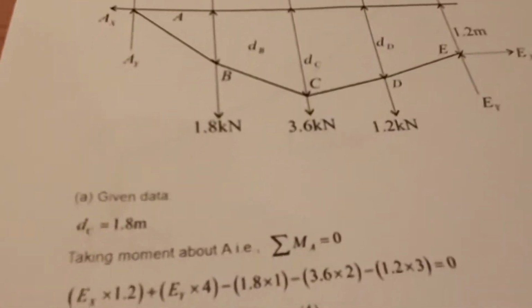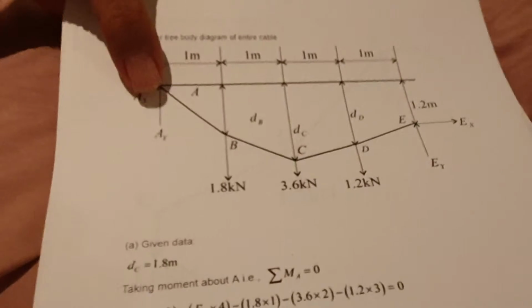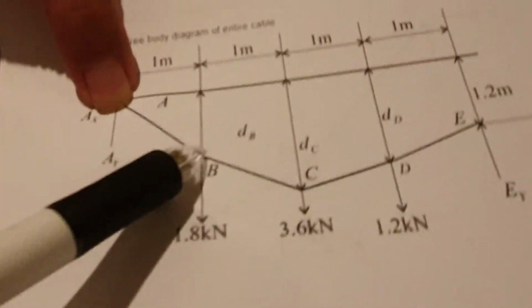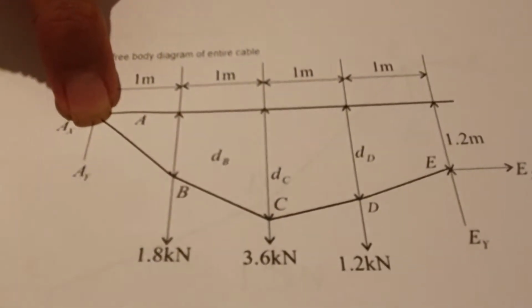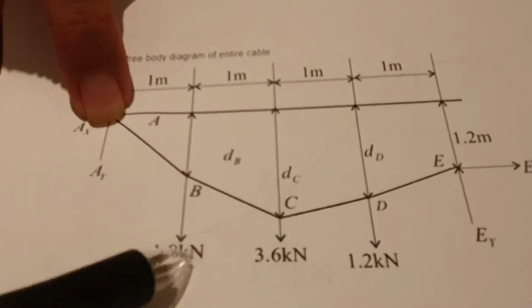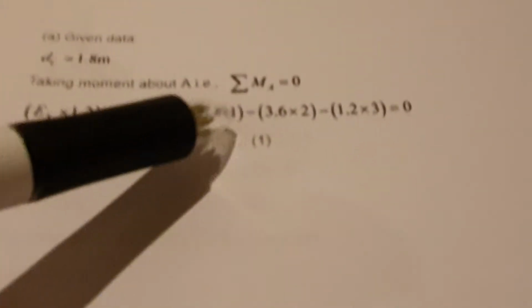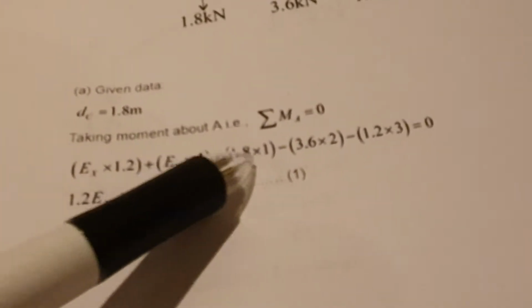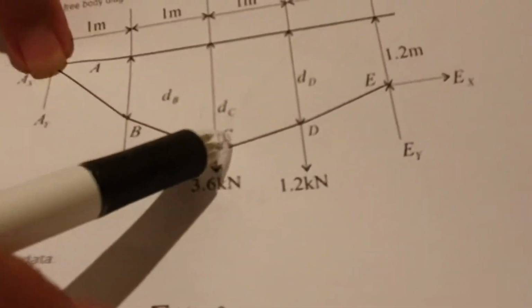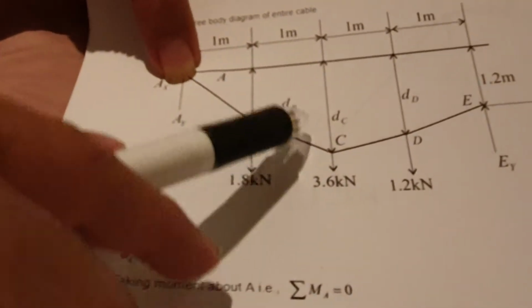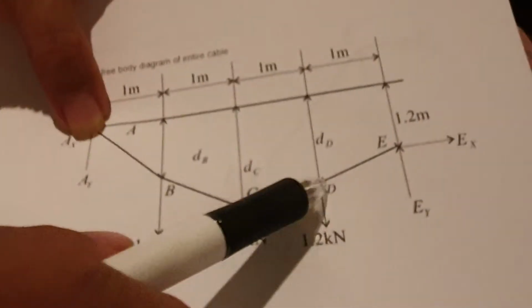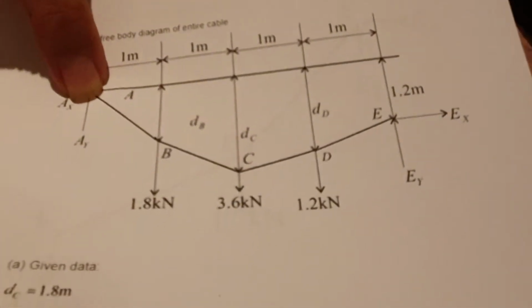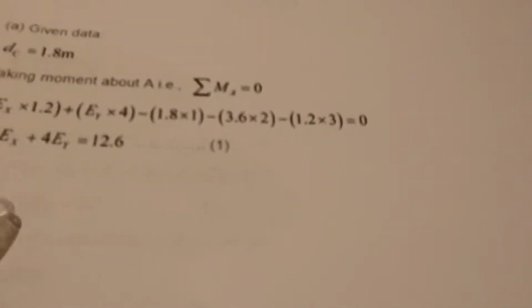Let's take moment at A and make a nail here and see that this force will pull the whole cable clockwise. 1.8 negative times 1. 3.6 will push clockwise, 2 meter, negative, minus 3.6 times 2. 1.2 will push also negative, minus 1.2 times 3.